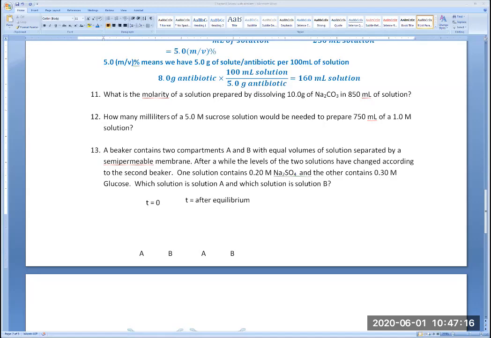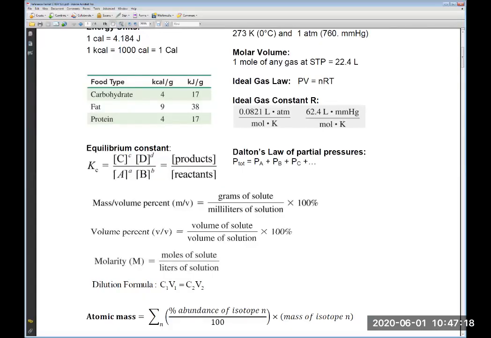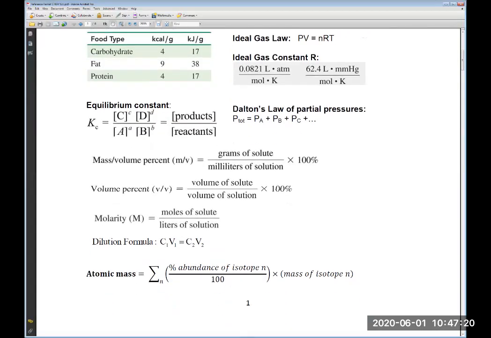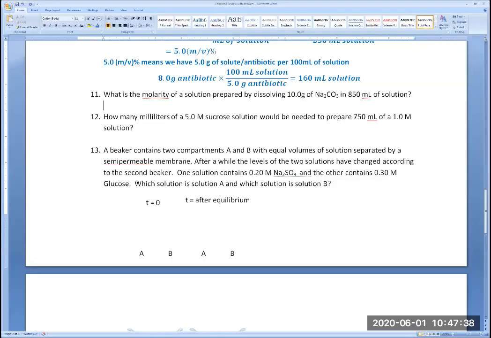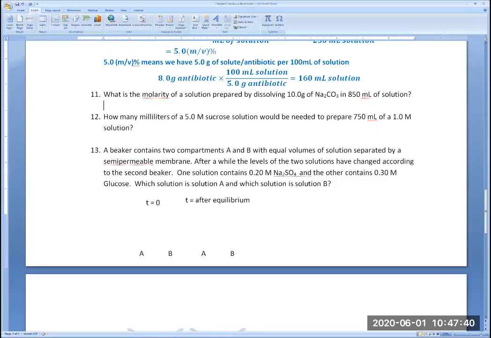Let's look at that in the reference: same page of the reference, first page, bottom of the page. The definition is that molarity is the moles of solute over liters of solution. So let me rewrite it here.